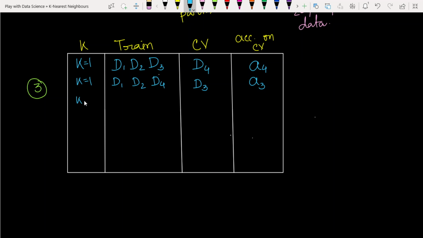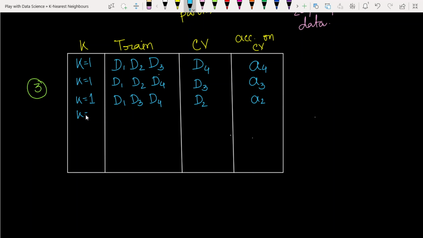And now the next step, the same thing repeating. Suppose we repeat for k is equal to 1 for the cross validation data set d2. So what will now be our training data? d1, d3, d4. So let's say here the accuracy is a2.